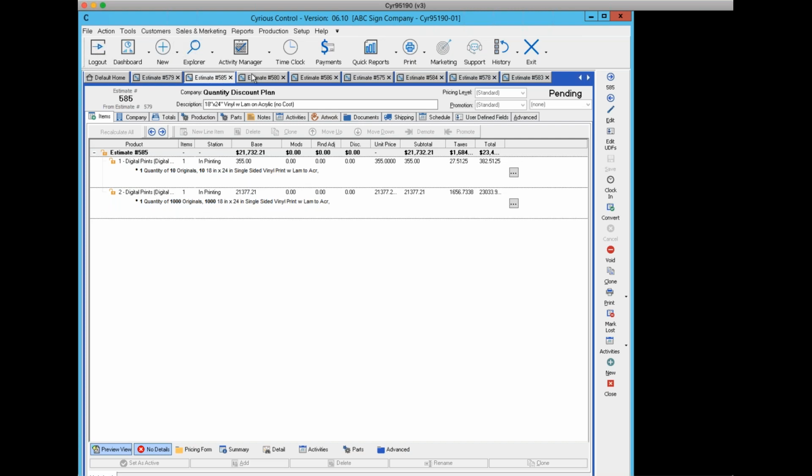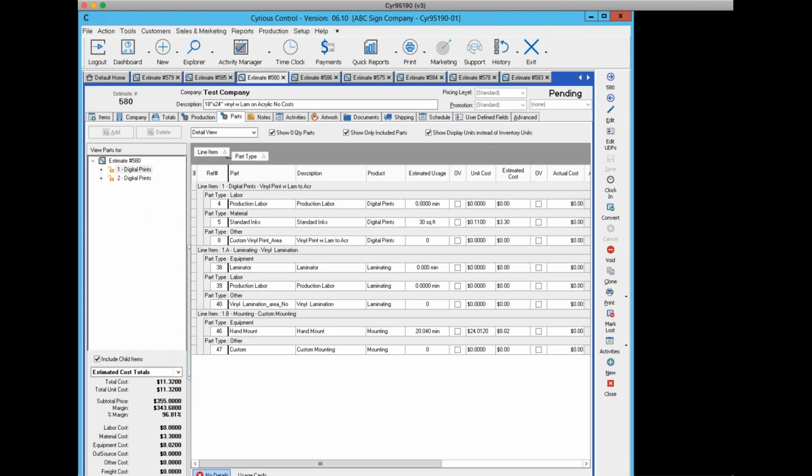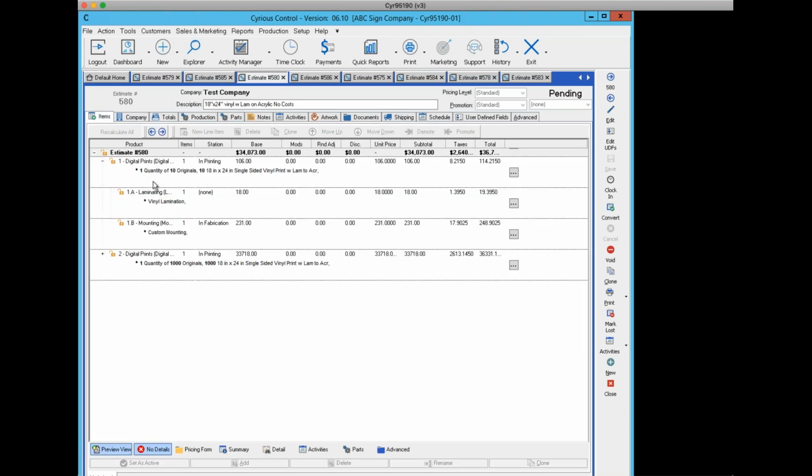The next pair of examples are also area-based, but use the same concept we talked about on Tuesday, where we have one pricing template for the printed image, and you select what you're going to print to from that template. Lamination, where you select the laminate material, and mounting, where you select the substrate.